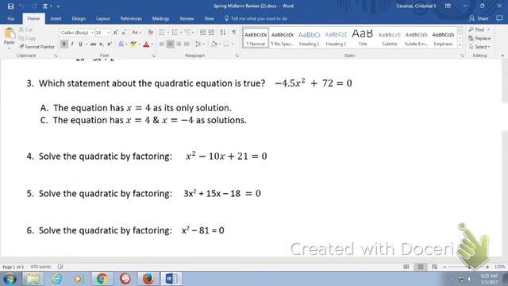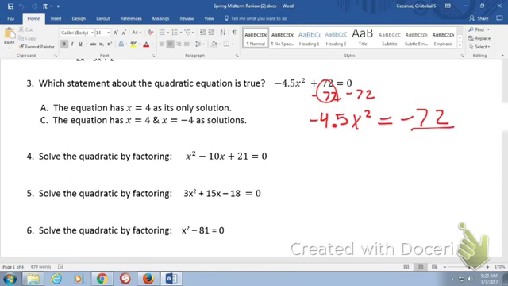Okay, so we're gonna subtract 72, subtract 72. This will give me a 0, so I'm gonna have negative 4.5 x squared is equal to negative 72.